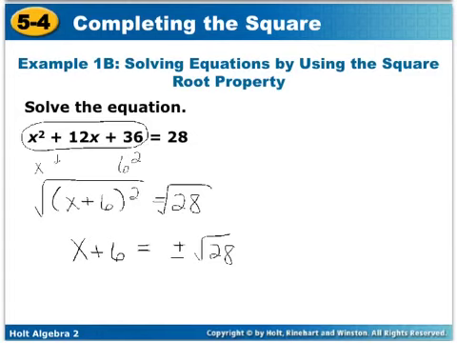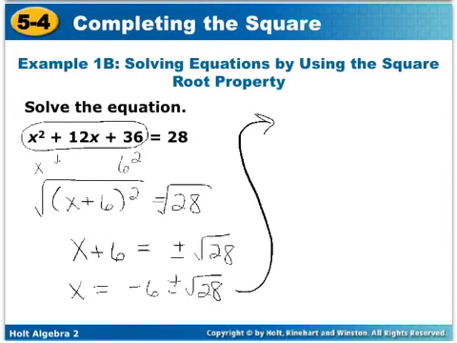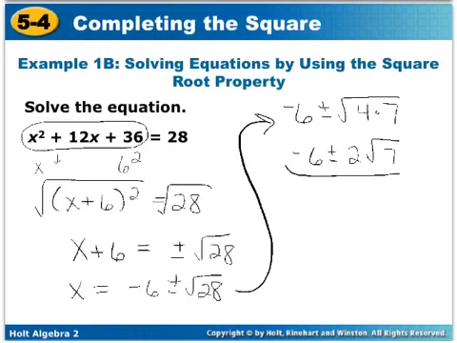I still need to solve for x, so I'm going to subtract 6 from both sides, and I get x equals negative 6 plus or minus the square root of 28. The square root of 28 can be simplified into 4 times 7. Take the square root of 4 and you get 2, so negative 6 plus or minus 2 square roots of 7. Okay, rewind if you need to see.